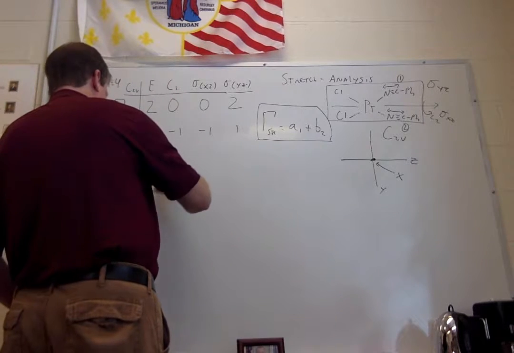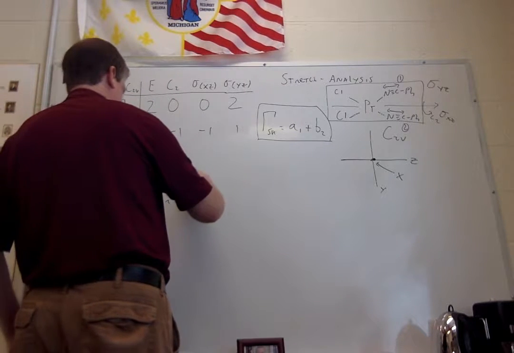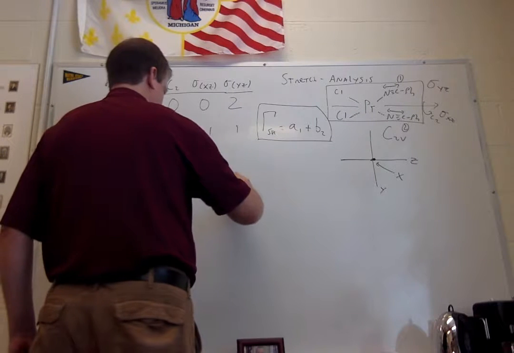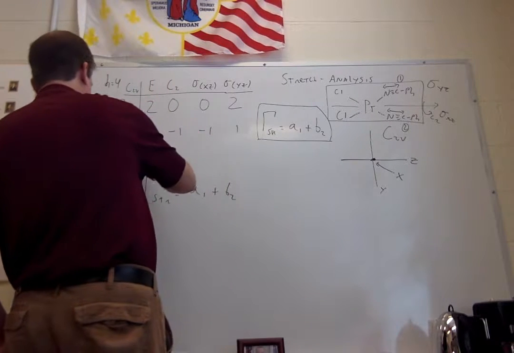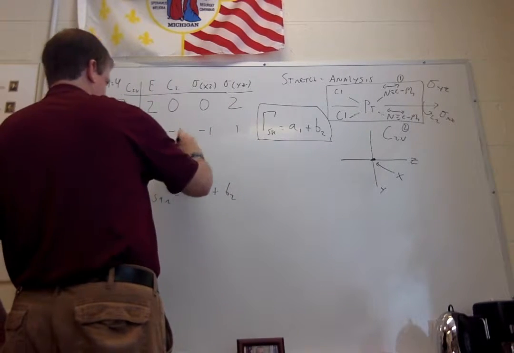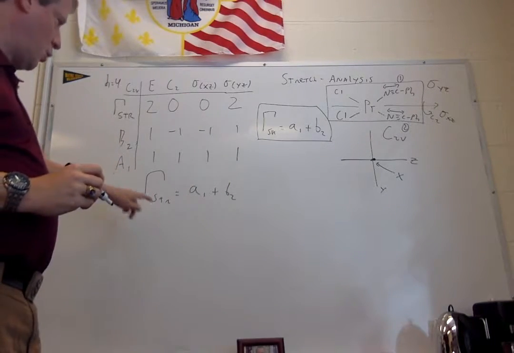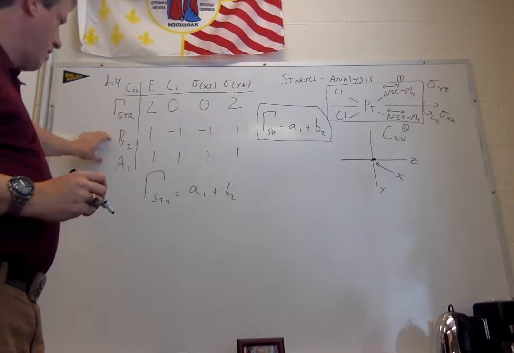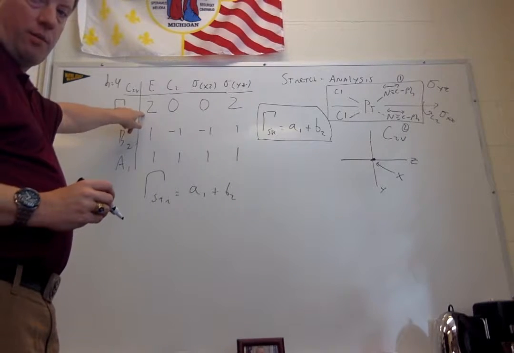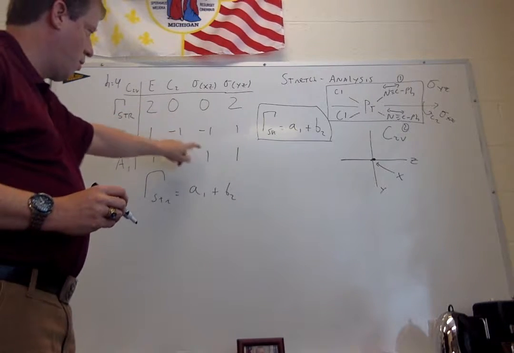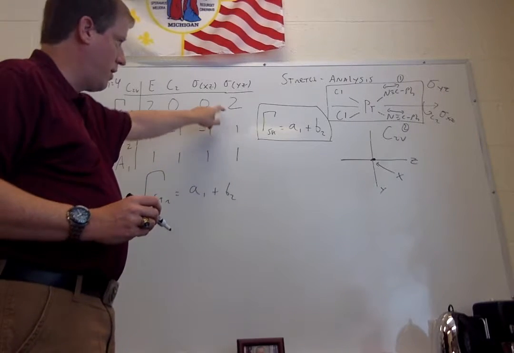So let's rewrite that here. Gamma stretch is equal to A1 plus B2. And so you can probably see from this, right, these are the two that are contributing. What I say here holds true here. If I add 1 plus 1, I get 2. 1 minus 1 is 0, 1 minus 1 is 0, and 1 is 2.